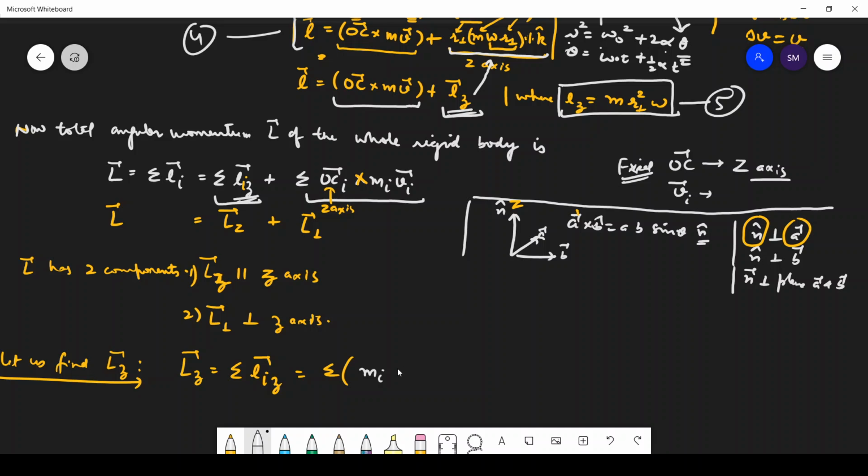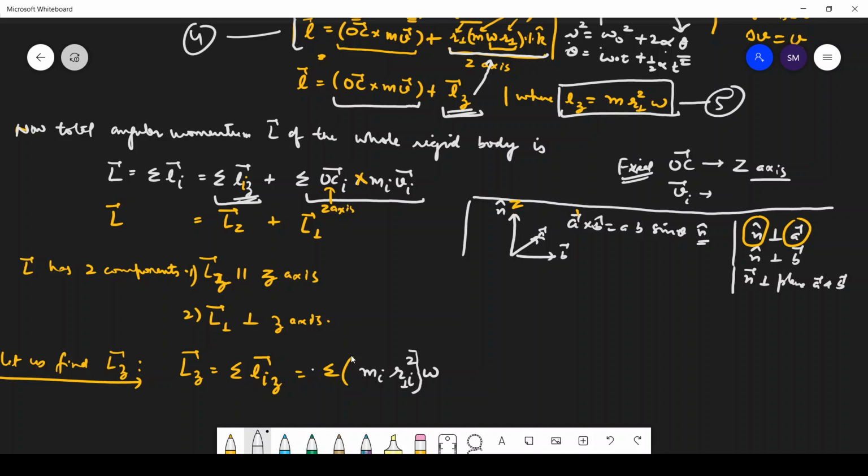So LZ is equal to this: Mi, Ri perpendicular, so this is the perpendicular distance, into omega. And you know omega is constant, so you can write omega either here, or you can also write the omega over here.